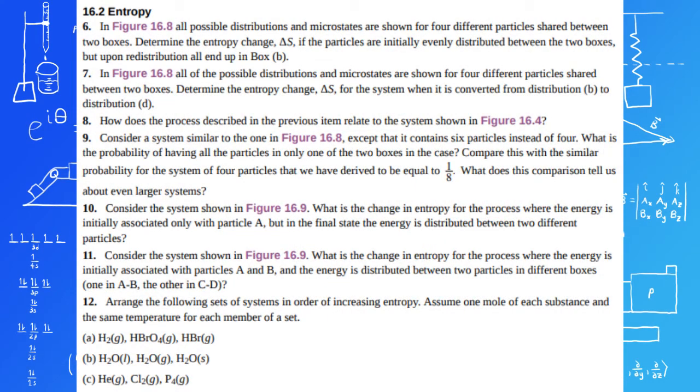So back to what it was saying. What does this comparison tell us about even larger systems? The bigger the systems, the bigger the sets of possible microstates.